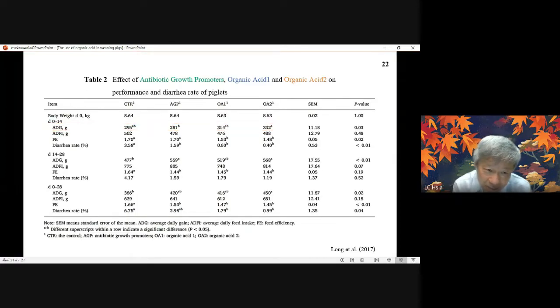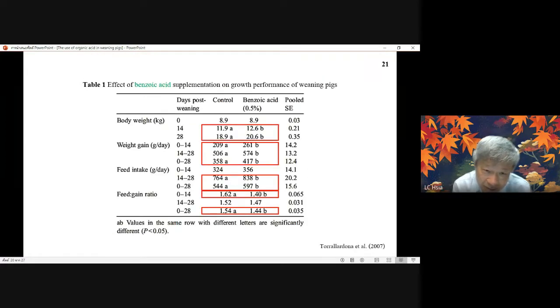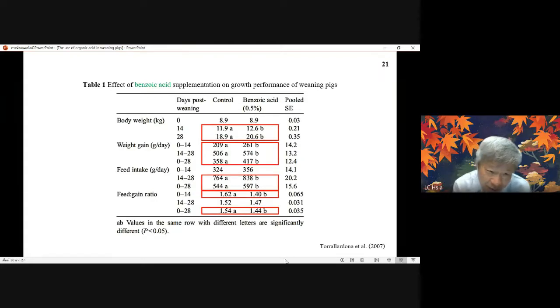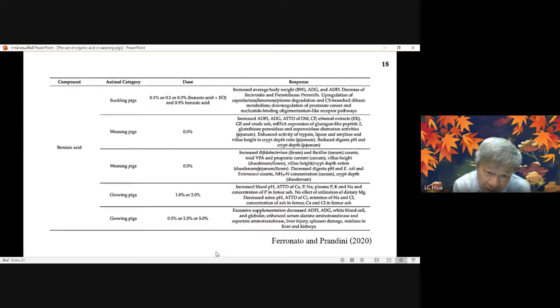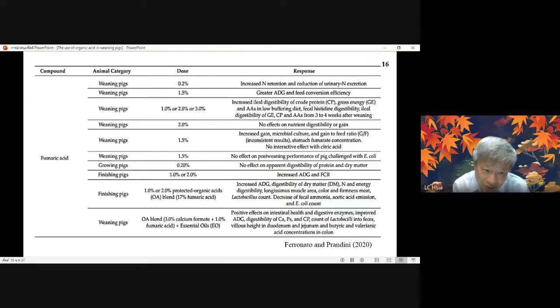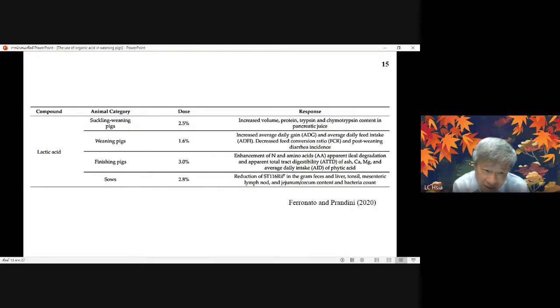Okay. No, previous. The lactic acid. No. Previous. Yes. And also the previous one. Okay. Enough. Thank you, Susu.